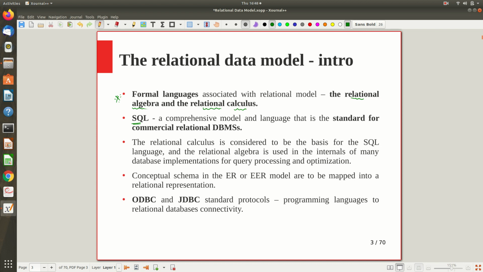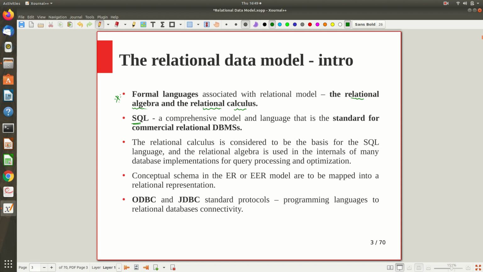When Codd proposed this concept, he proposed relational algebra and relational calculus along with the model. How we can interact with the model is formally explained by relational algebra as well as relational calculus. Out of them, I think relational algebra is in your syllabus, calculus is not, I hope. Whatever is in the syllabus, I'll be covering.